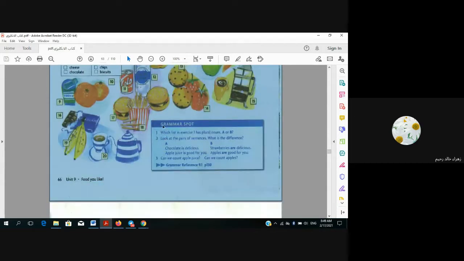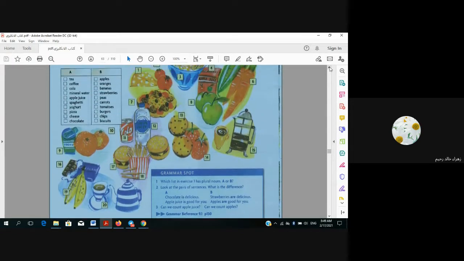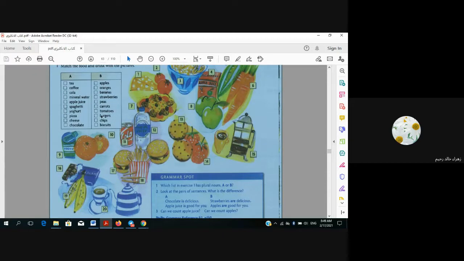So if you see grammar spot, which list in exercise 1 has plural nouns, A or B? B has plural nouns, while A, no.